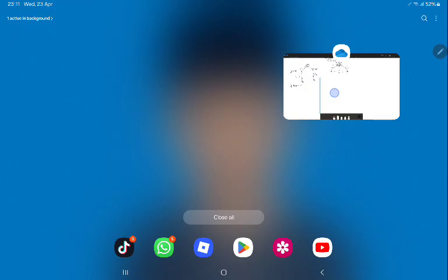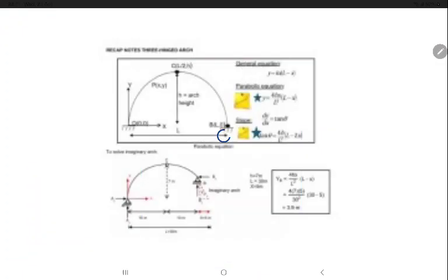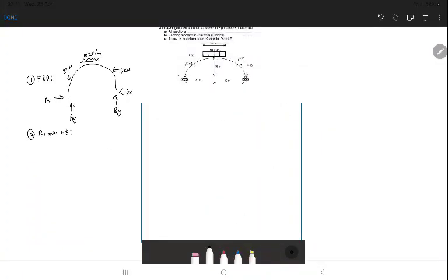So start with total Fy. In this direction is positive, so you have AY plus BY minus 8 minus 10 times 20. So this one is 20 meter, is equal to 0.